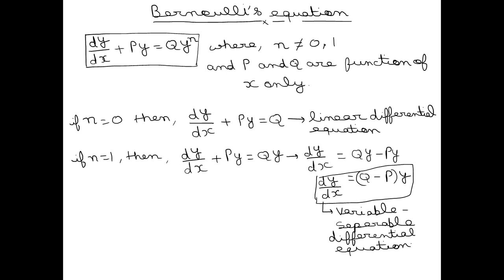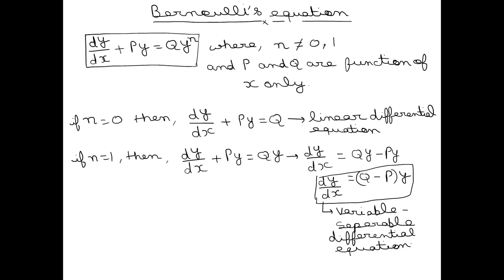Take all the y containing terms, including the differential coefficients, to one side and all the x containing terms on the other side. So Bernoulli's equation is dy by dx plus py equals to q y raised to the power n, where n is not equal to 0, 1.